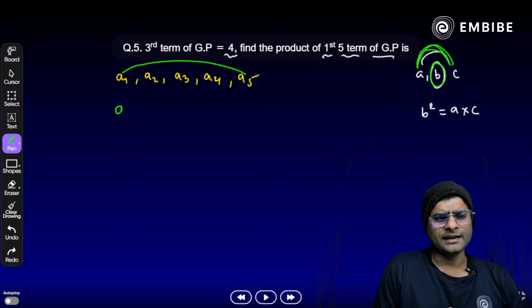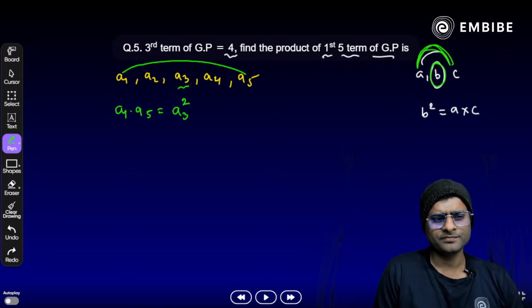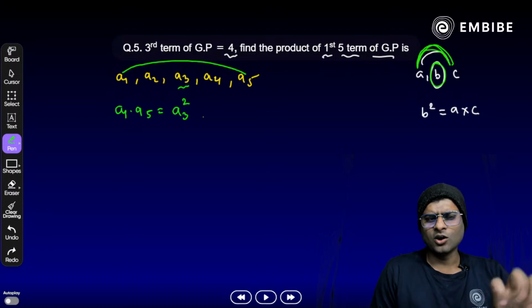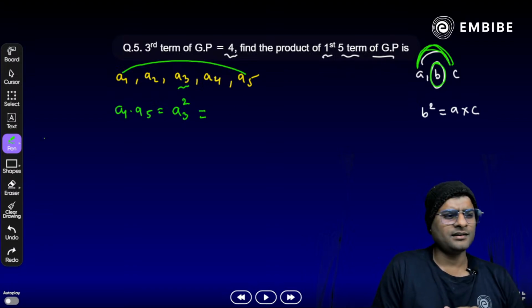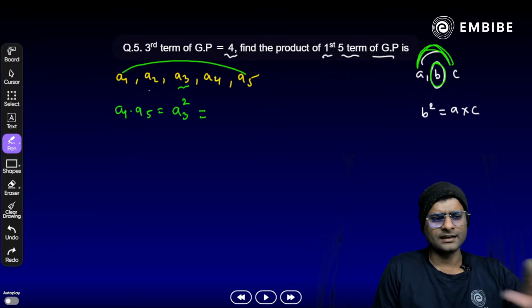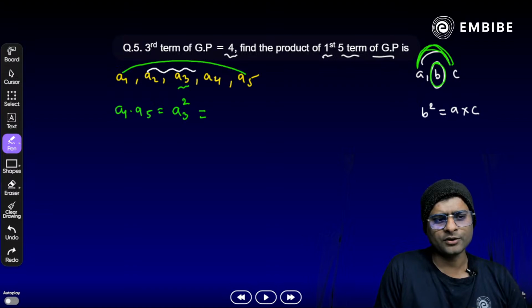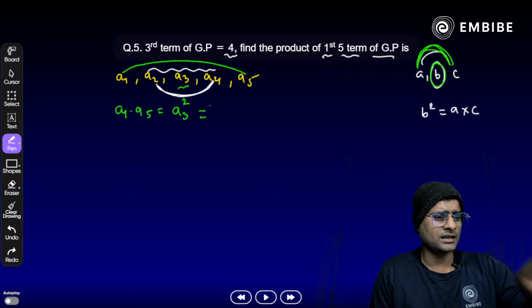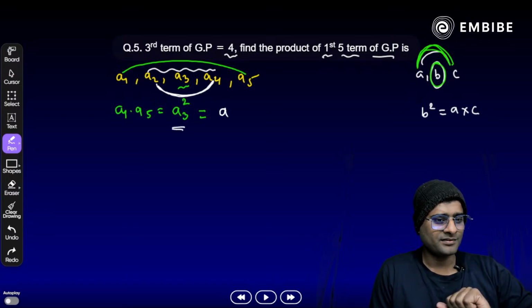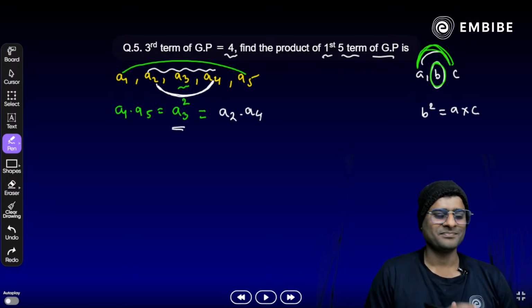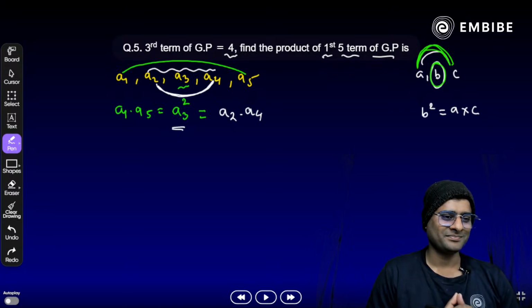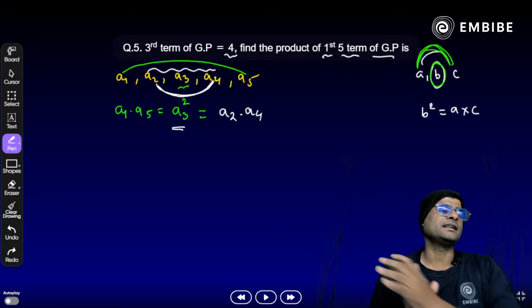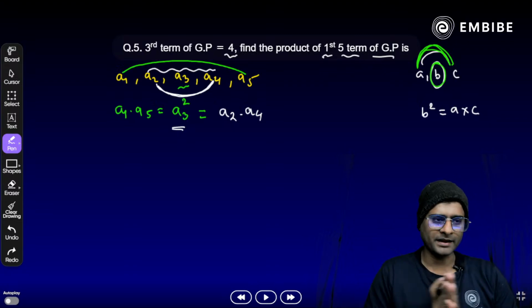Same thing we apply here: A1 into A5 is equal to what? Which one is the middle term here? That is A3. So we can write A3 square. Or if we rewrite the series again and consider only A2, A3 and A4, again we can apply: A2 into A4 is nothing but A3 square. So we have generated the relation here. Now multiply all these terms.